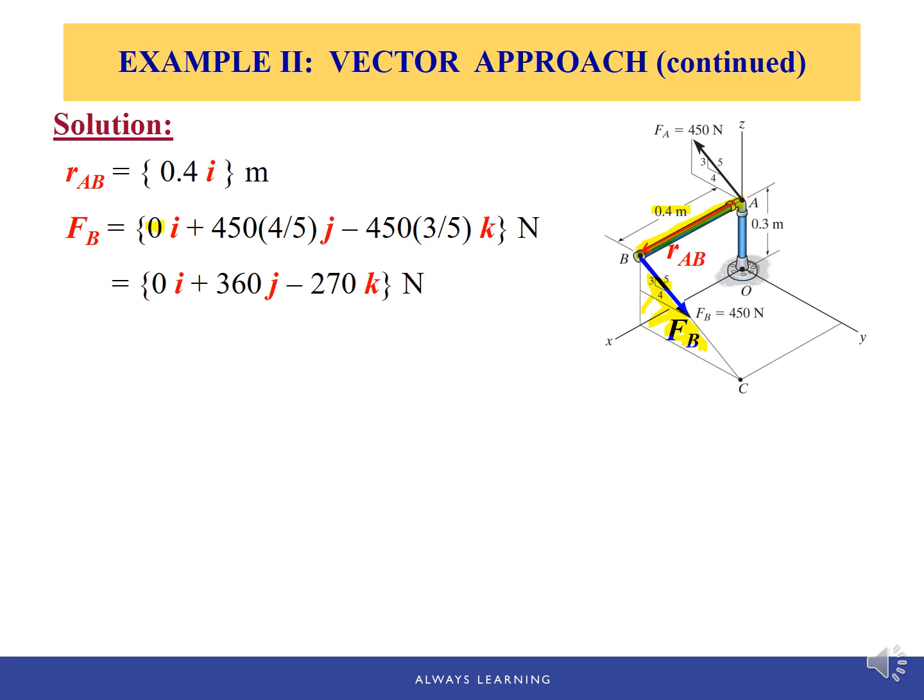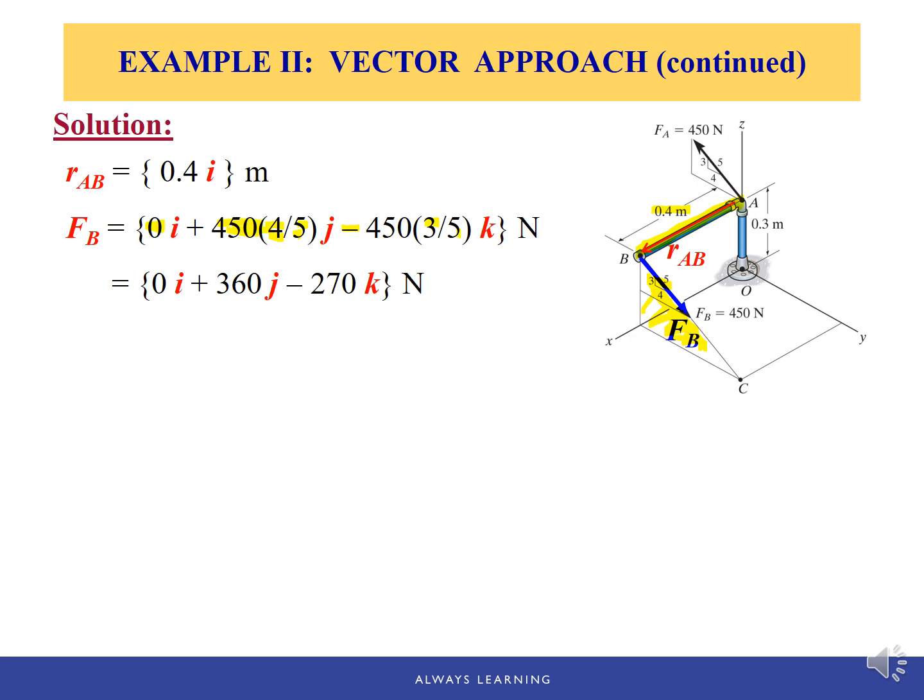The y component is the component parallel to the y direction. In the slope triangle, the value is 4, so 4/5 times the magnitude of FB. The z component is pointing down, therefore it is a negative value, and the magnitude is 450 times 3/5, the vertical side of the slope triangle that is parallel to the z-axis. So this is the force vector in vector form.